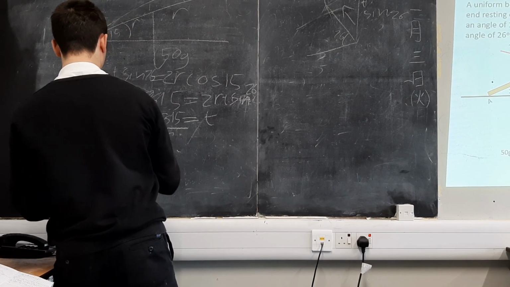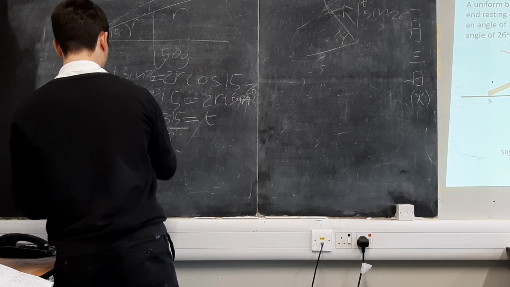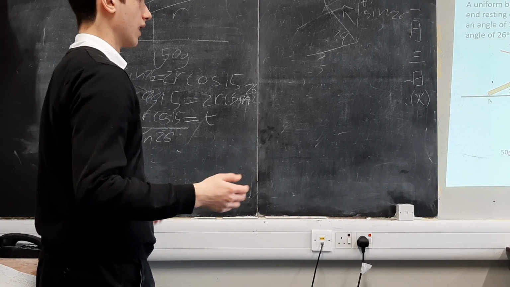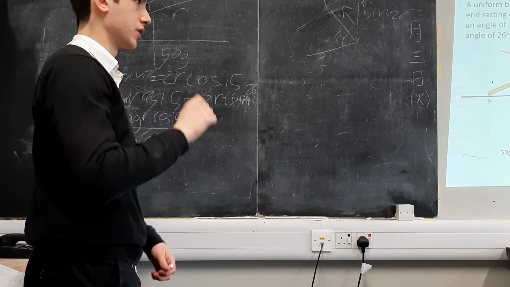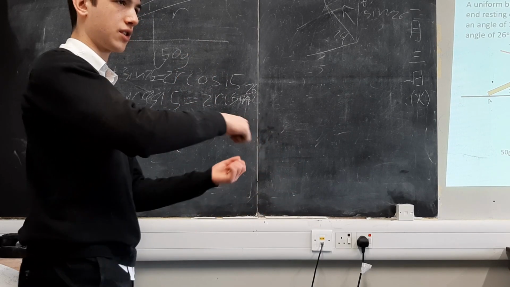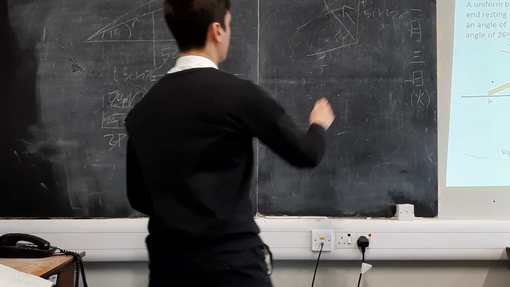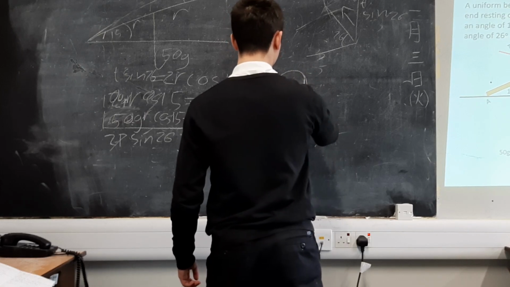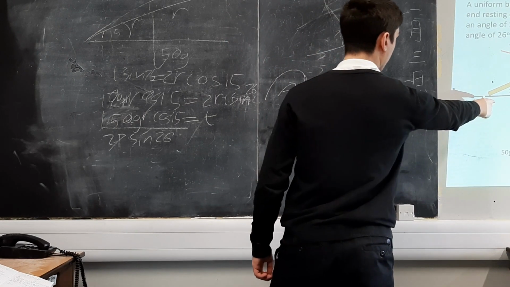Okay, that should be 50 then. Why is it 2T? Because it's the length of the force, you still have to get that. Because how much tension you have, it's still pushing up, so that's still 50.